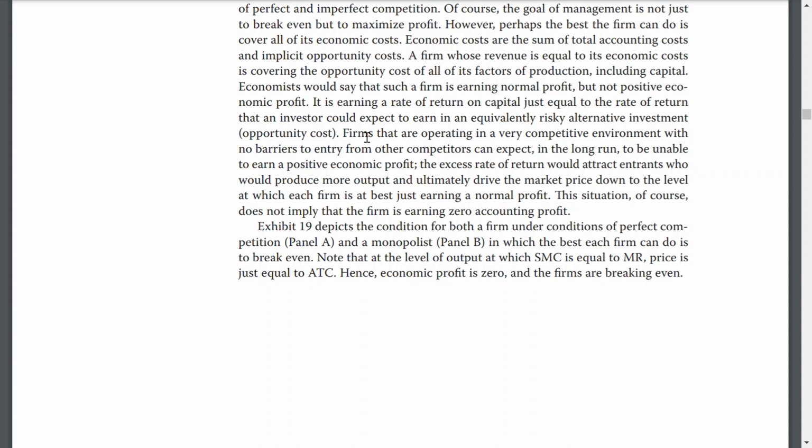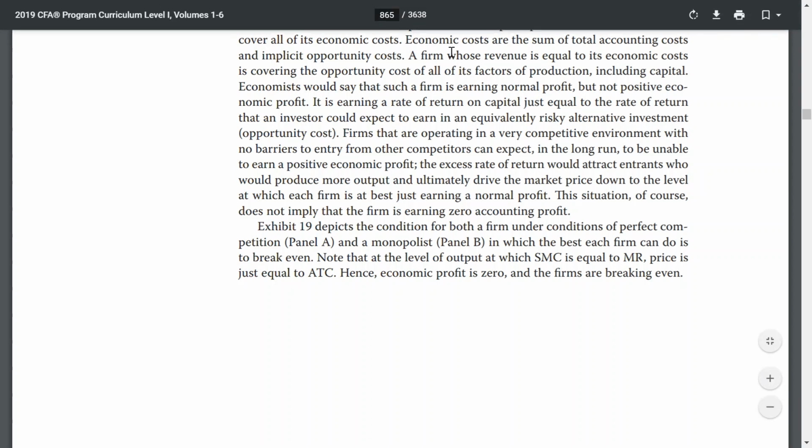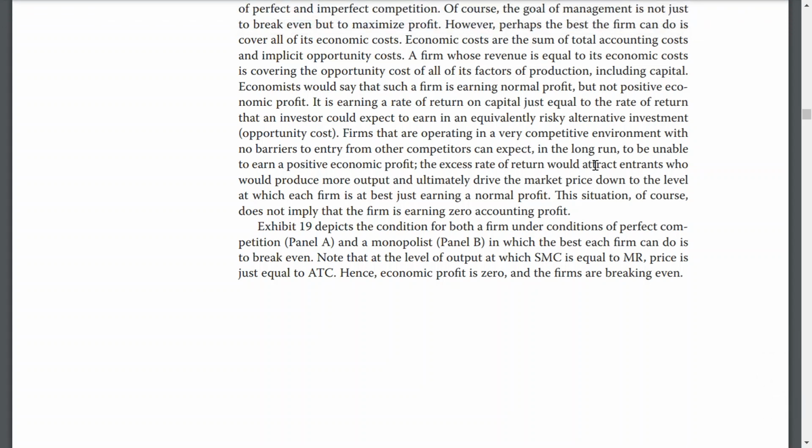Firms that are operating in a very competitive environment with no barriers to entry can expect in the long run to be unable to earn a positive economic profit. The excess rate of return will attract entrants who would produce more output and ultimately drive the market price down to the level at which each firm is at best just earning a normal profit.